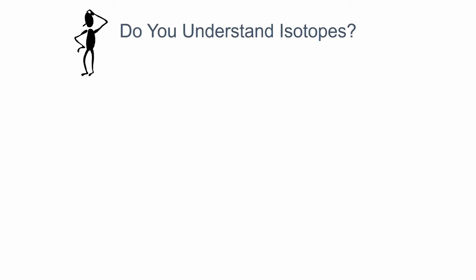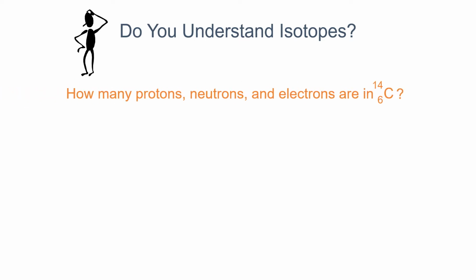So just to check, do you get it? How many protons, neutrons, and electrons are in this isotope of carbon, or carbon-14? Again, we could write that as C-14. Remember, protons are always constant, and in an electrically neutral atom, that means there are no charges, electrons will equal protons.